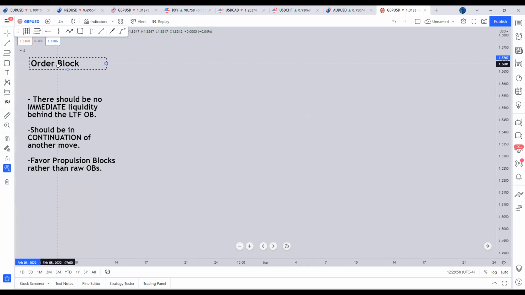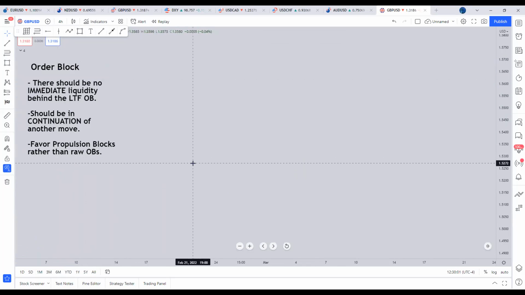For the order block, there should be no immediate liquidity behind the lower time frame order block. It should be in continuation of another move, and it should favor propulsion blocks rather than raw order blocks.